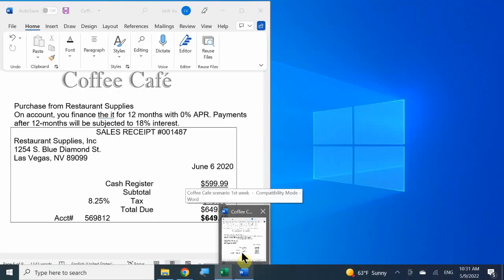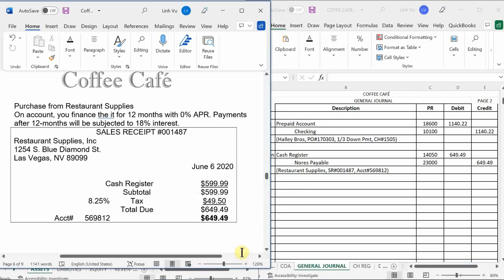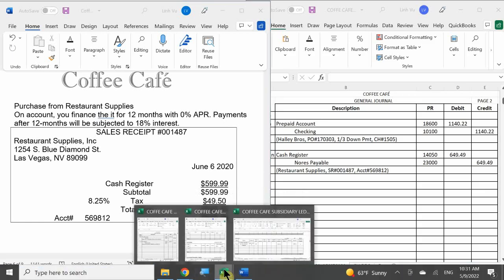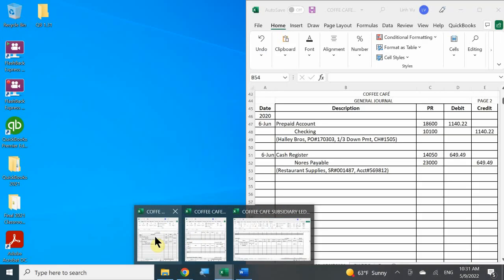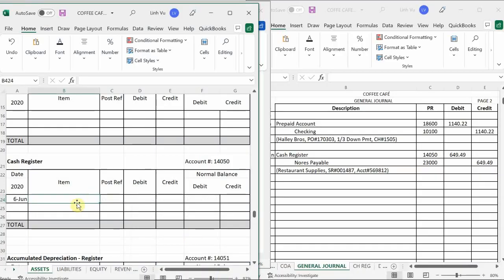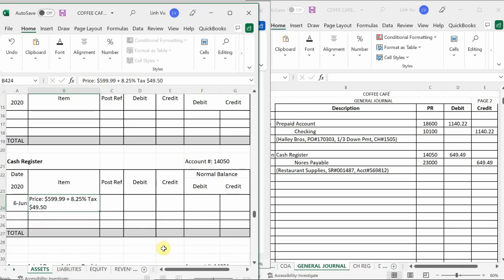It was $599.99 plus $49.50 tax. Okay. We're in our second journal, so I acquired this fixed asset for $649.49.